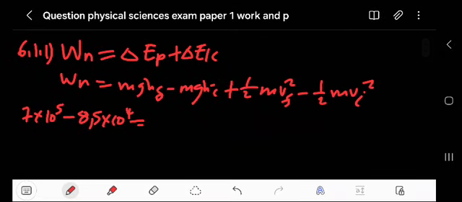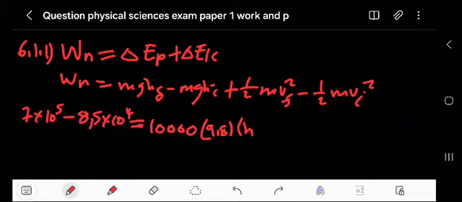Then it's equal to mg, the mass. The mass they said is 10,000 kg, over gravity 9.8, multiplied by the final height, whereby the final height we don't know. It is h.